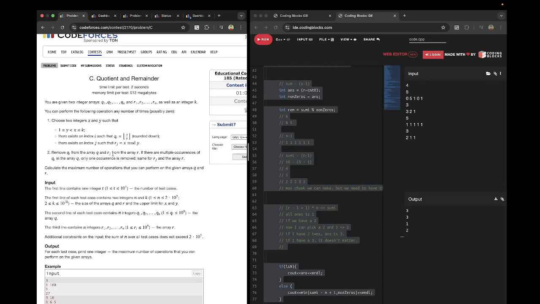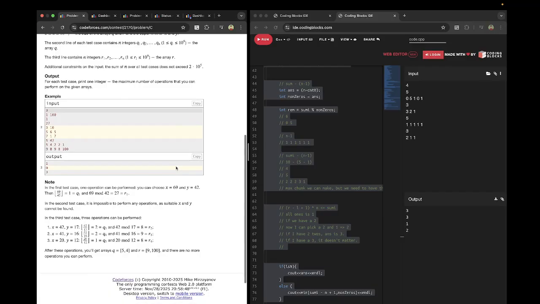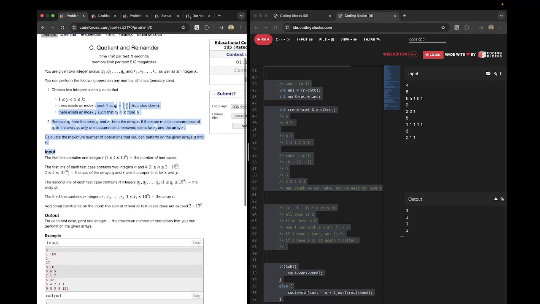Why is there always an operation? Okay. Choose two integers x and y between 1 and k.